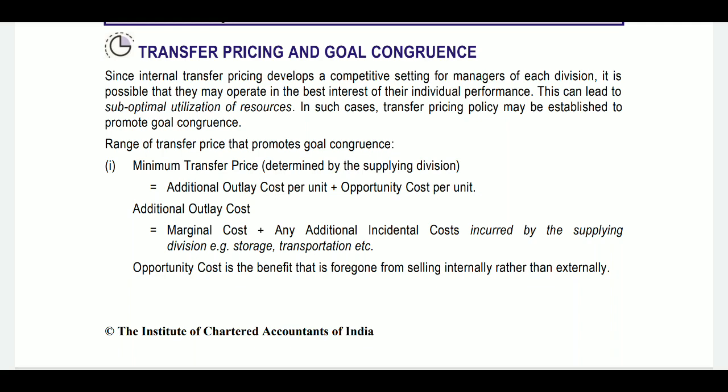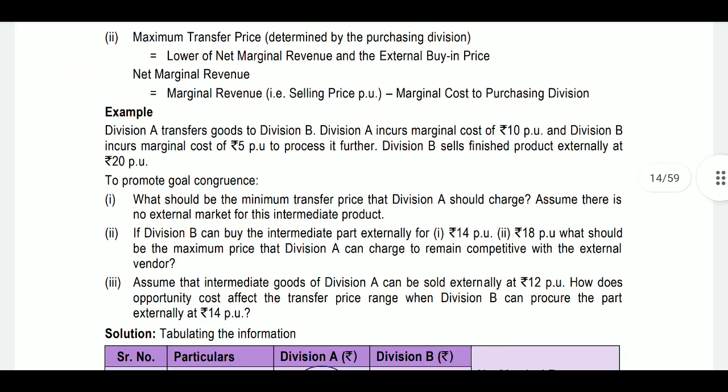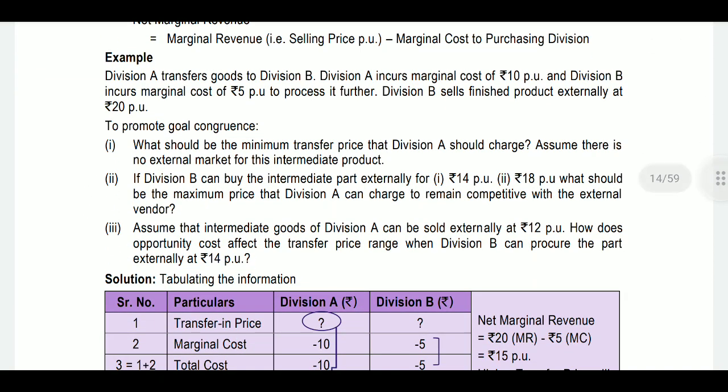For these two methods, they provided one example. Division A transfers goods to Division B. Division A incurs marginal cost of 10 rupees and Division B incurs marginal cost of 5 rupees to process it further. And Division B sells the finished product externally at 20 rupees.